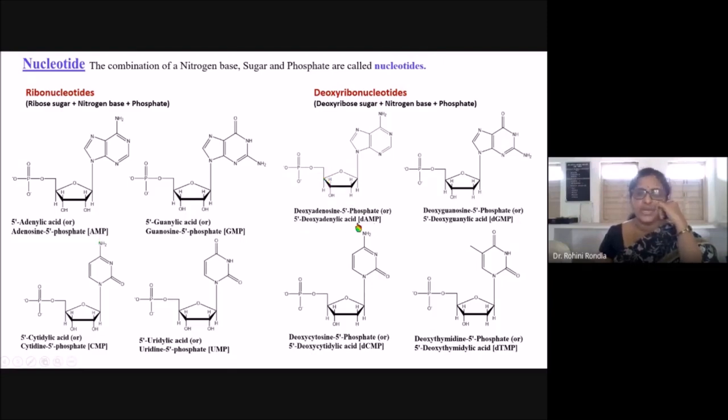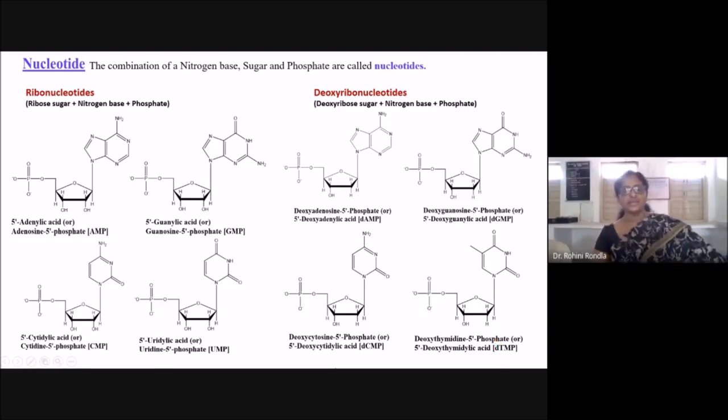It is the same as AMP, but since it is deoxy, it is denoted by a small d. Deoxyadenosine 5-phosphate, and this one deoxyguanosine 5-phosphate, deoxycytidine 5-phosphate. Because in DNA, in the uracil place, what will be there? Thymine. So the name is deoxythymidine 5-phosphate.